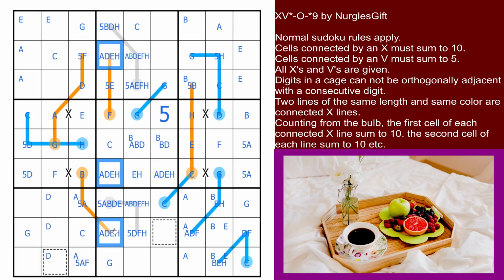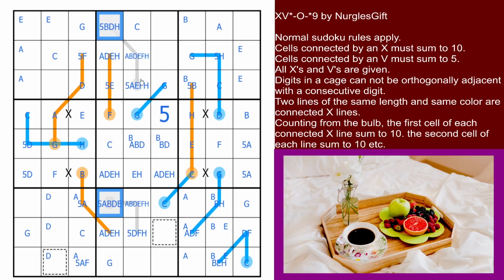Where is B F then? Oh, that and that could be B, right? Yeah, so in this column, that or that could be B. Those are the only places for B.